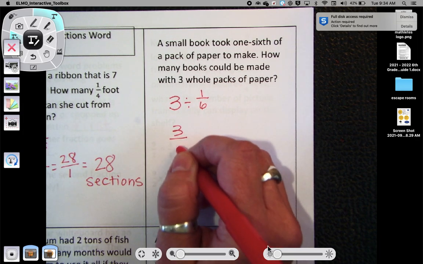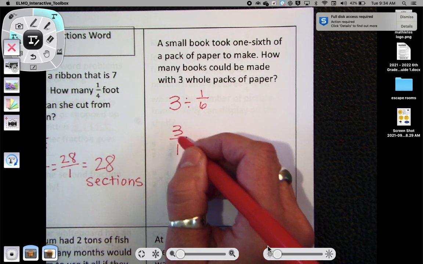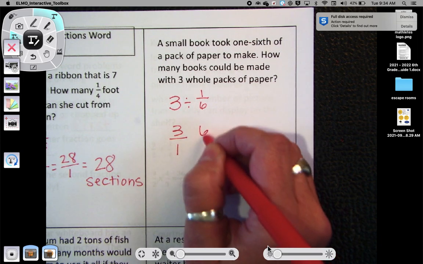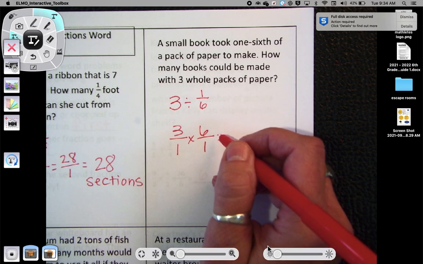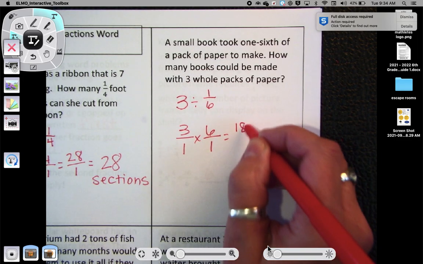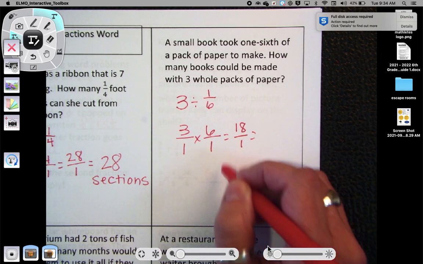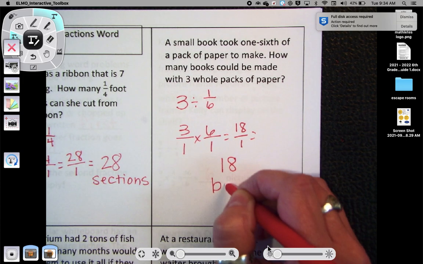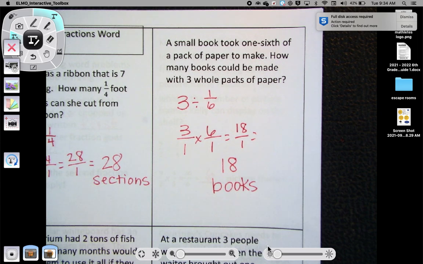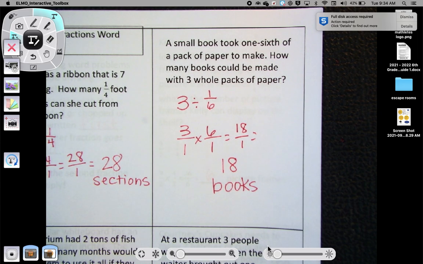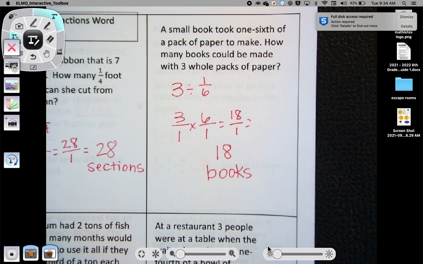Write 3 with a denominator of 1. Flip the second and multiply. Again, 18 over 1 becomes 18. So you could make 18 books out of 3 packs of paper if one book took 1/6 of a pack.